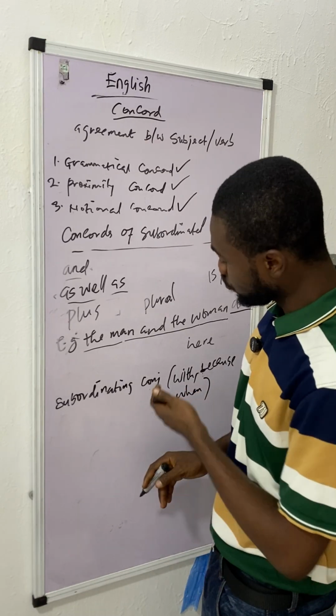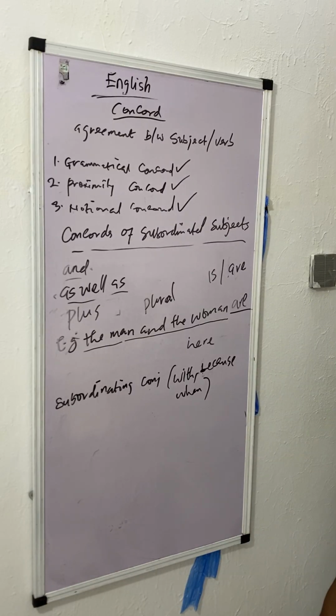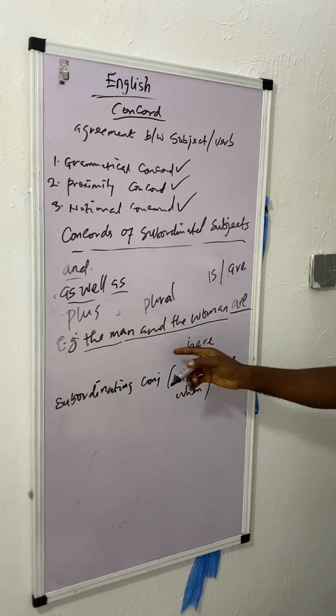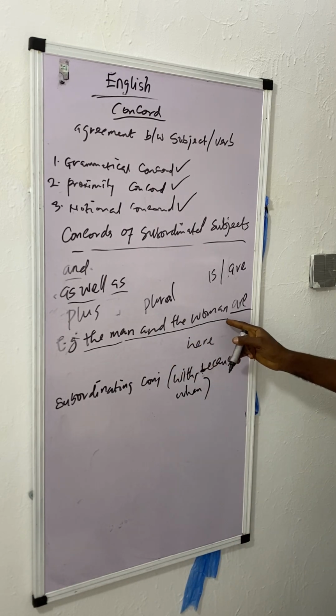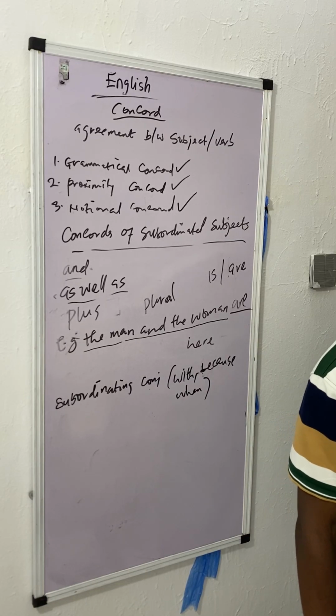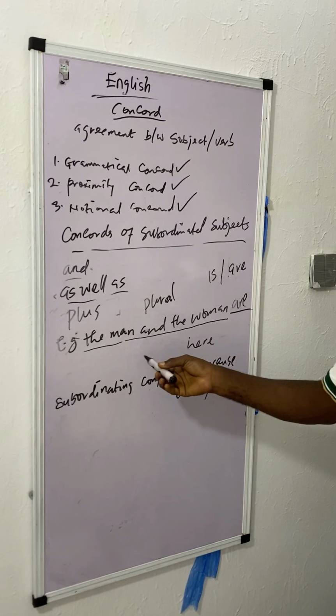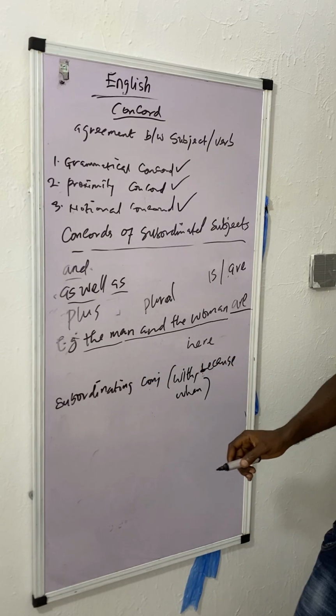When you have any of this kind of subordinating conjunction, what do you do? The first subject, or the subject that is farther away from the verb, controls the verb. The first subject controls the verb. The other subject becomes irrelevant. The first noun in the subject controls the verb.